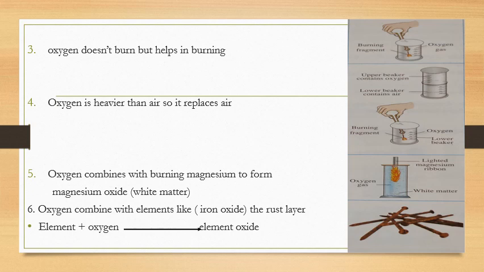We place a burning fragment in the upper and the lower containers and we observed that the glowing increases in the lower beaker only. Why does this happen? Because the oxygen gas is heavier than the air, so it replaces the air in the lower beaker.